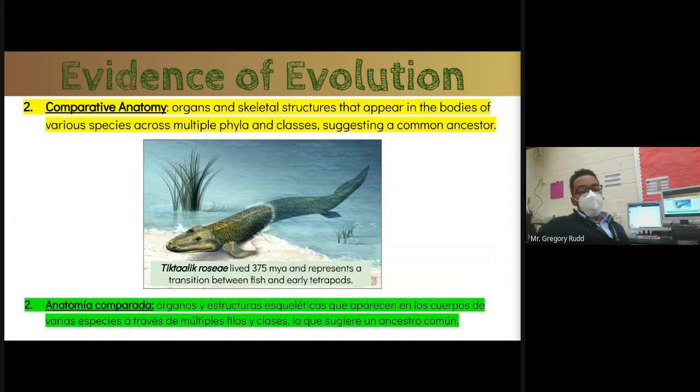Comparative anatomy refers to organs and skeletal structures that appear in the bodies of various species across multiple phyla and classes. And this suggests that they share a common ancestor.